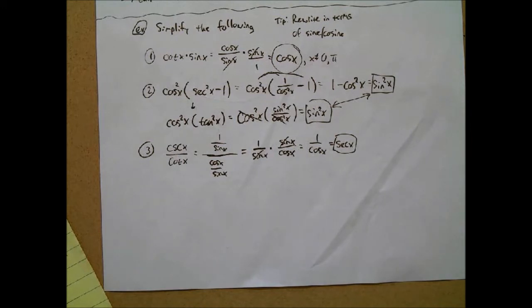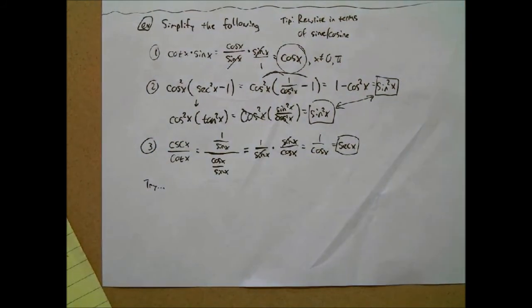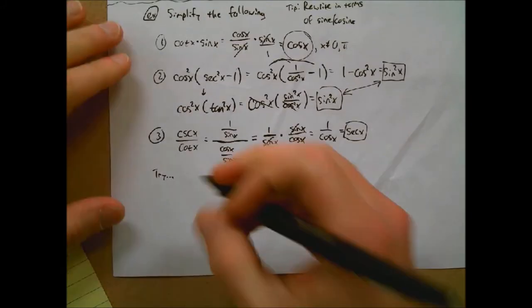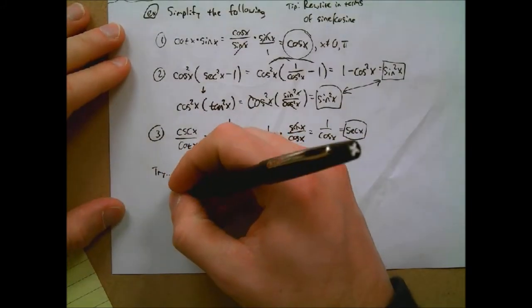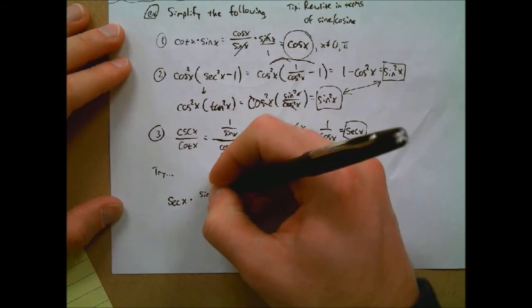So let me pause really quick here and just check. Or actually, let me have you guys try one. Let's do that. All right, y'all try. Let's do secant of x times sine of x over tangent of x.